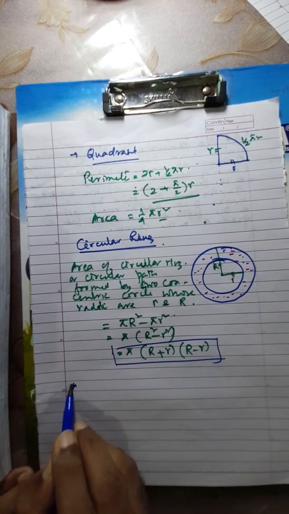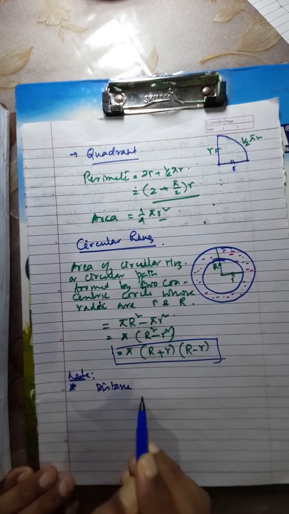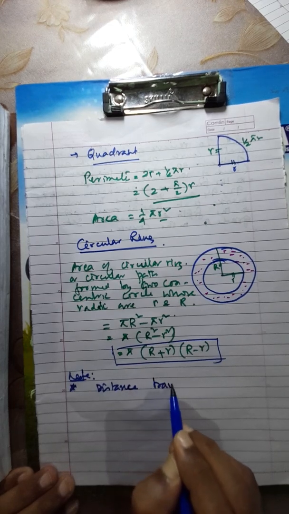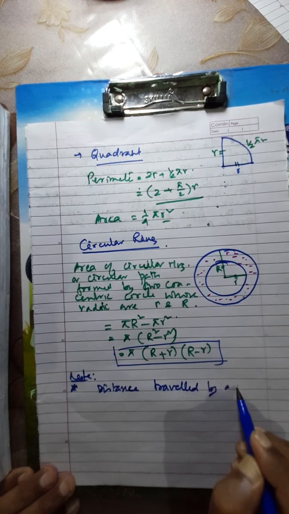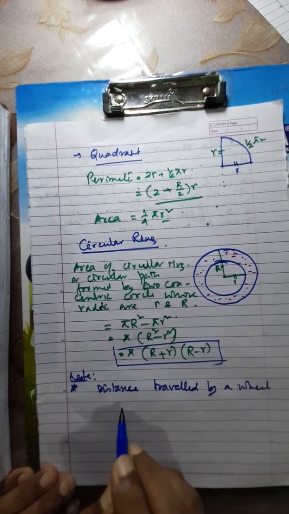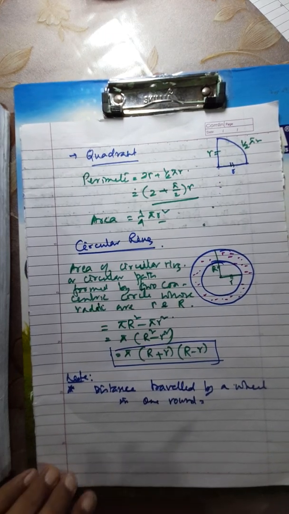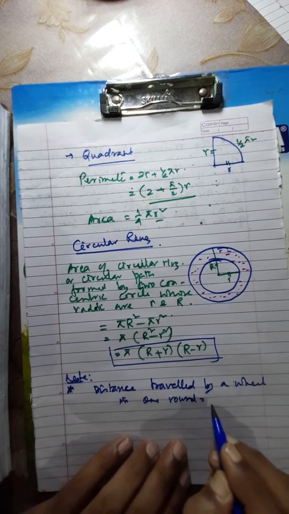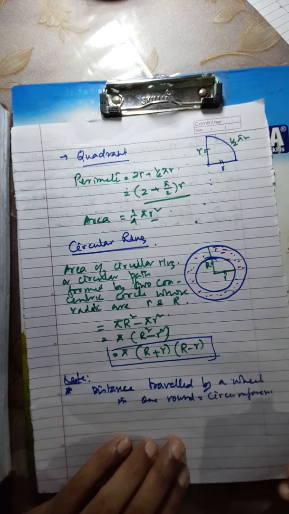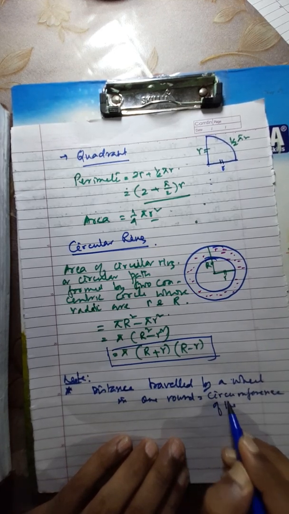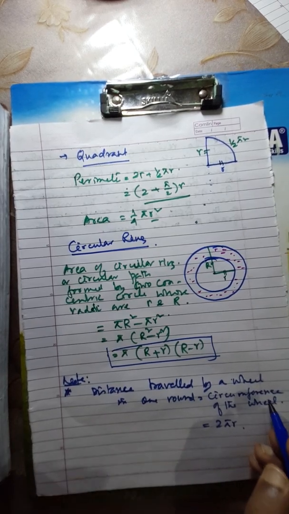Note, distance travelled by a wheel in one round is equal to the circumference of the wheel. That means twice pi r, if r is the radius of the wheel.